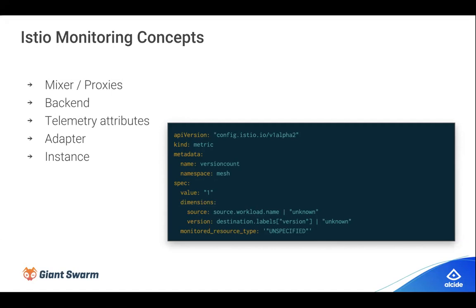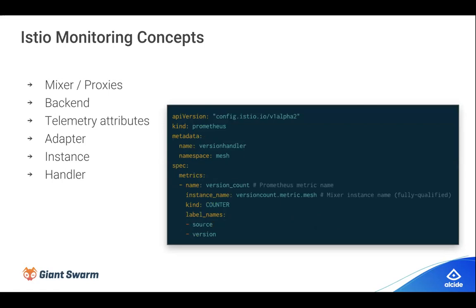For example, all the providers that want to listen for metrics or want to scrape metrics will have this interface, which in the spec you see has some properties like value, dimensions, or the type of monitoring. And using the dimensions, we map the attributes, the source workload name and the destination label version, to specific values, specific properties.